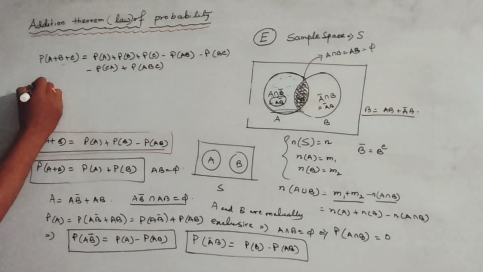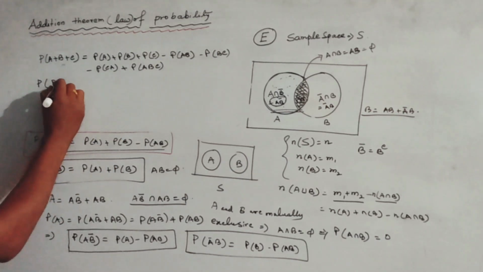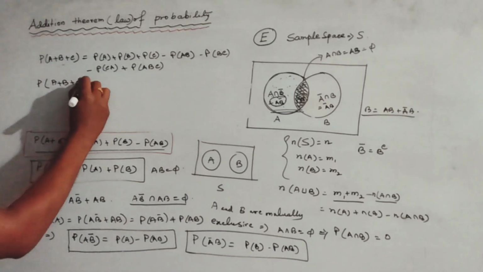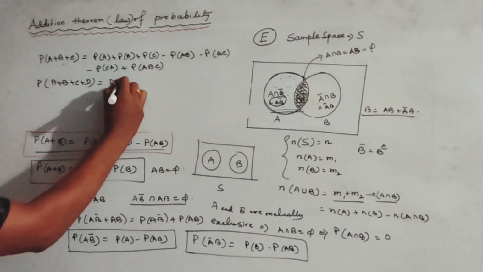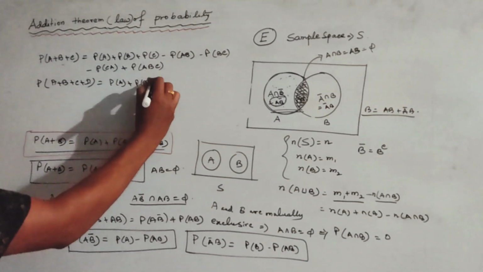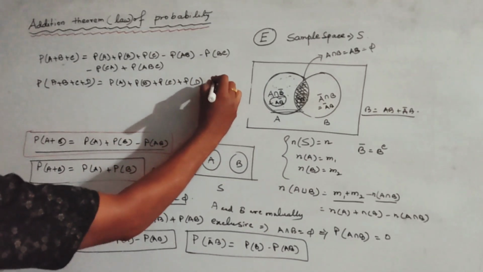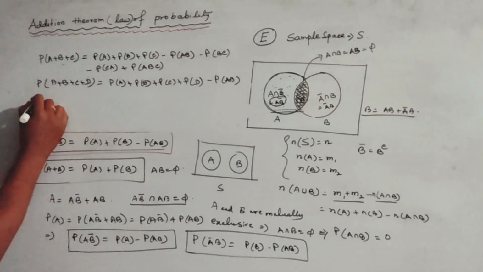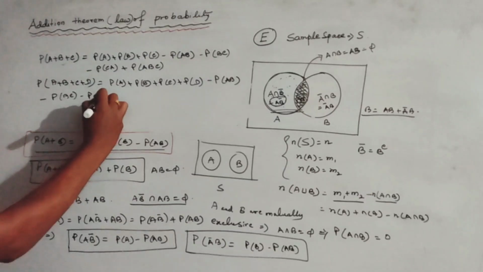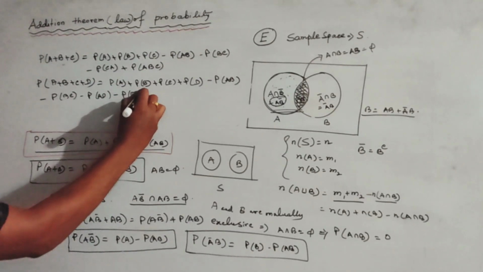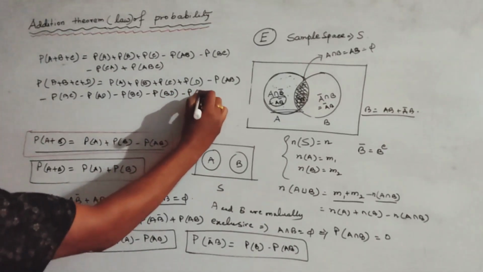And if we extend this result also for four events, then we get P of A plus B plus C plus D equals P of A plus P of B plus P of C plus P of D minus P of AB minus P of AC minus P of AD minus P of BC minus P of BD minus P of CD.